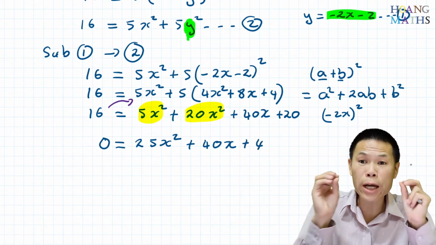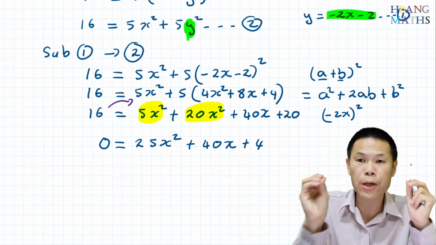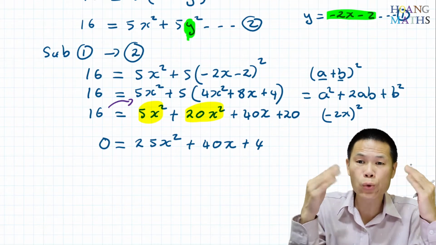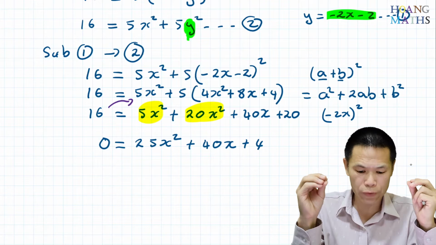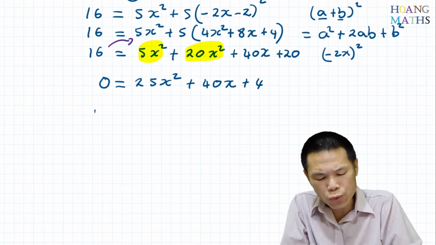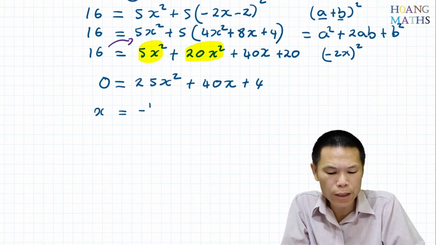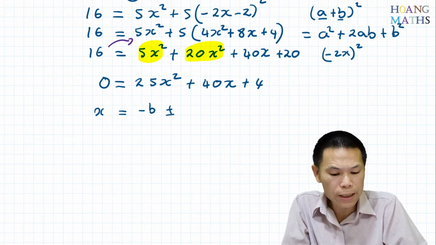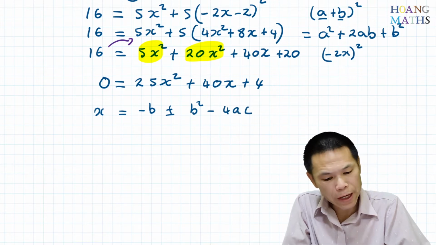So now what I do, I need to solve this quadratic equation. Now to solve this, I just quickly use the quadratic formula to find the x value if you like. So now I know the rule is x is equal to negative b plus or minus the square root of b squared minus 4ac, over 2a.